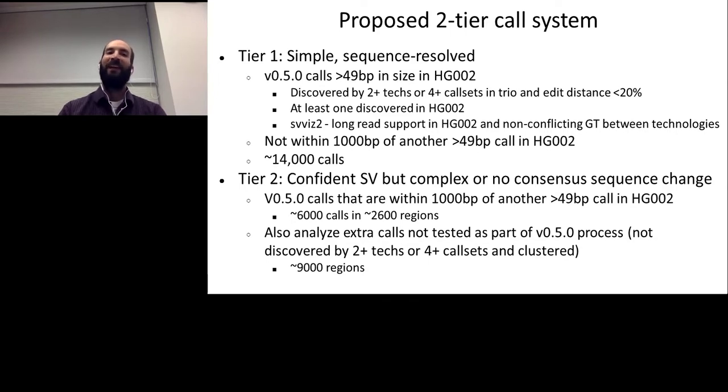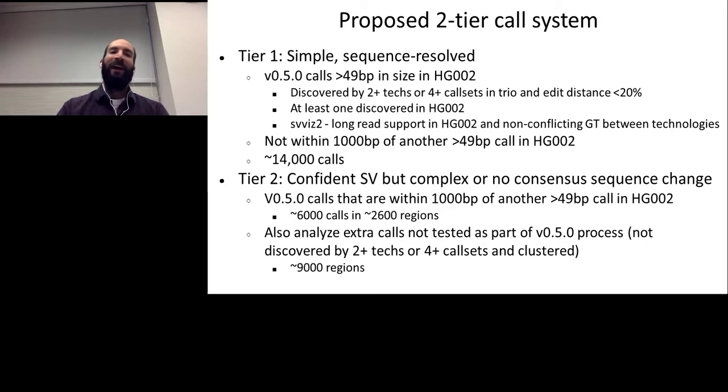So these would be an insertion or a deletion that's not near any other large insertions or deletions, and where we've been able to sequence resolve them. So we think we know approximately what the sequence change is. This is probably going to build on our version 0.5 call set. We're probably going to focus on calls greater than 49 base pairs in size, even though we've made calls smaller than that, and focusing initially on HG002, which is the son in our Ashkenazi trio.